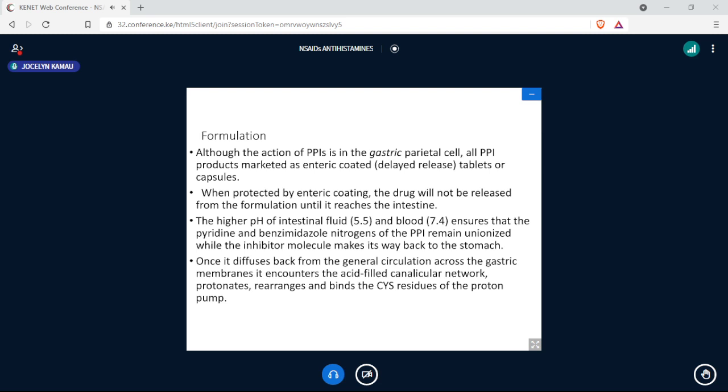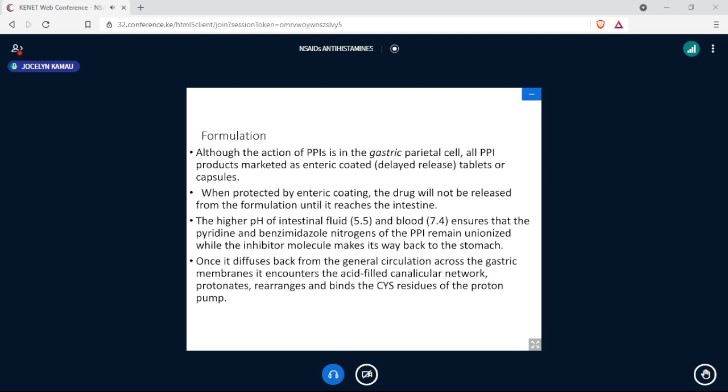So you see, it's enteric coated. It passes through the stomach without the drug being released into the environment. And when the drug gets within the duodenum, where you now have slight alkaline pH, it is released. Within the alkaline pH, that drug cannot be activated.